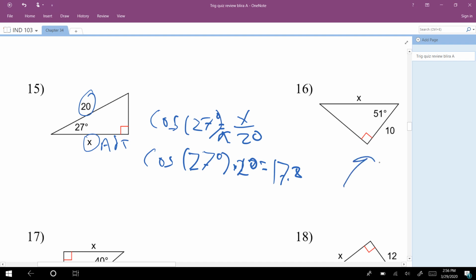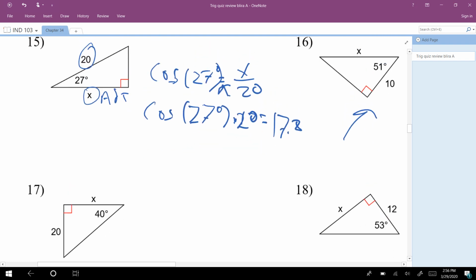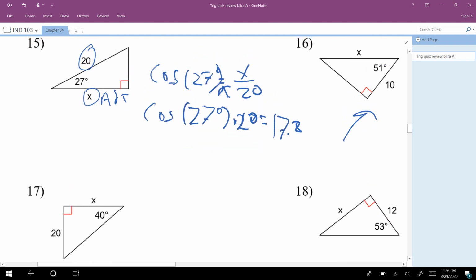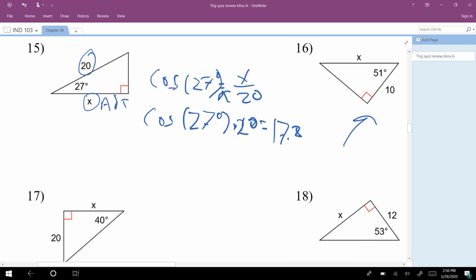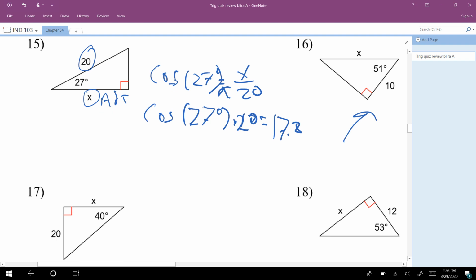And then this will be another cosine function. So you should try that. So the cosine, let's see. Oh, this is slightly different. All right, cool.